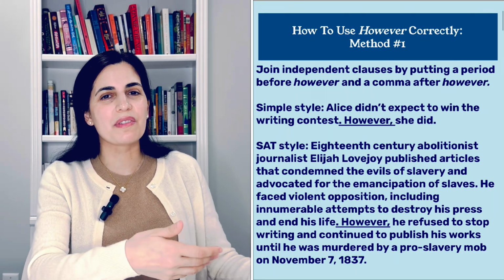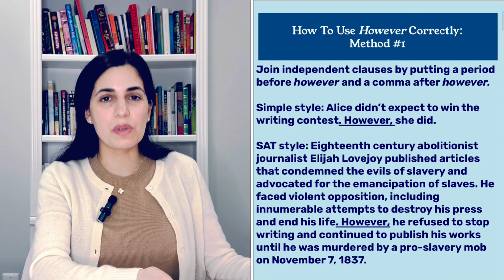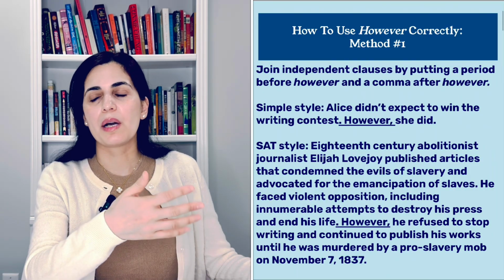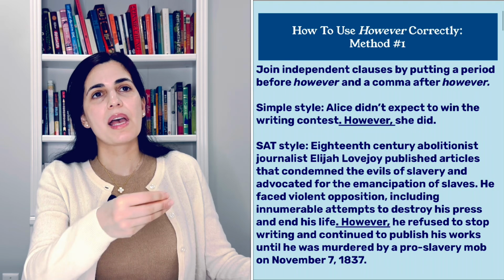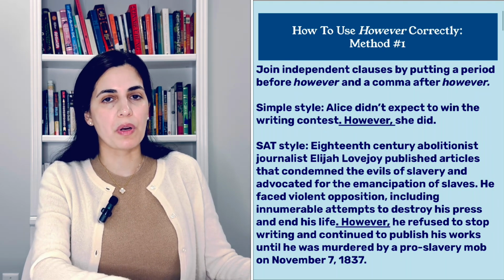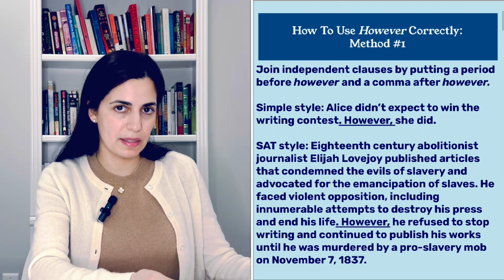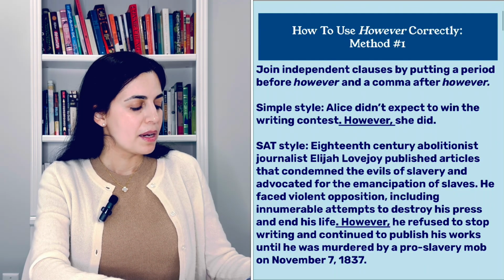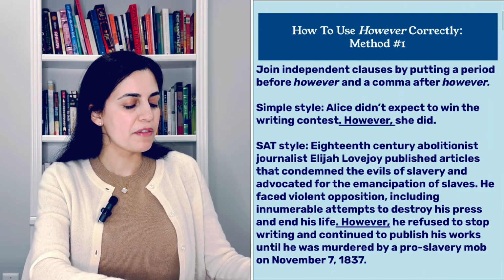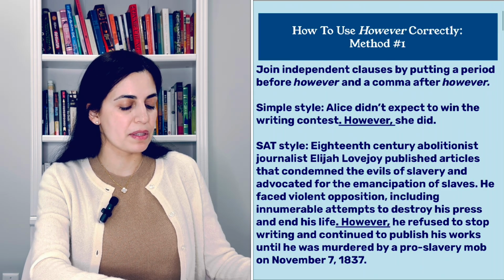So the SAT will not give you such simple clauses to work with. They're going to give you probably 2 to 3 at a time, and the vocabulary will be much more complex. Let's take a look at an SAT style. 18th century abolitionist journalist Elijah Lovejoy published articles that condemned the evils of slavery and advocated for the emancipation of slaves.